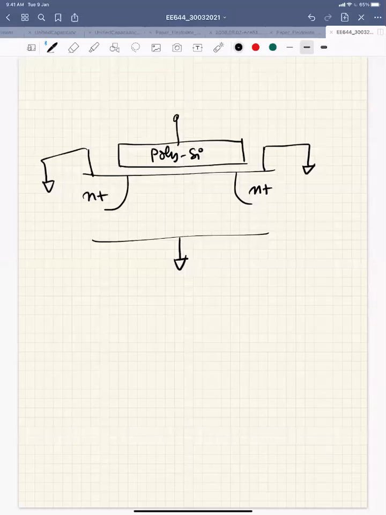So for an NMOS transistor, your substrate is p type, but your gate is n plus polysilicon. This is your NMOS transistor.